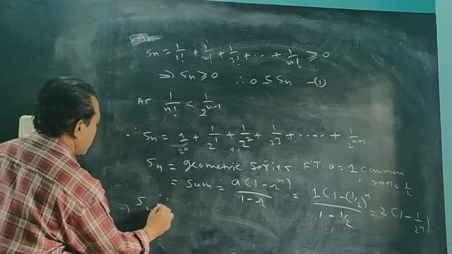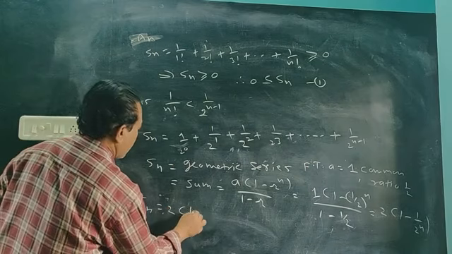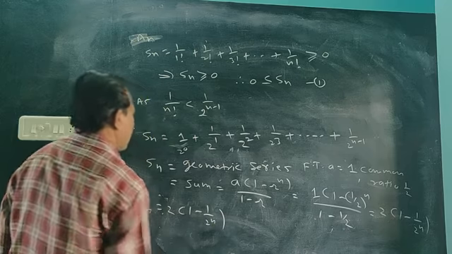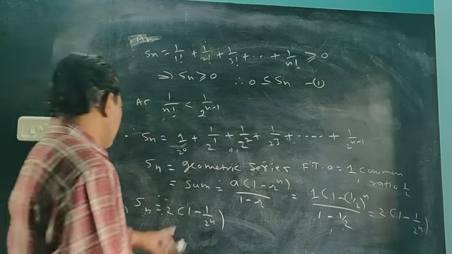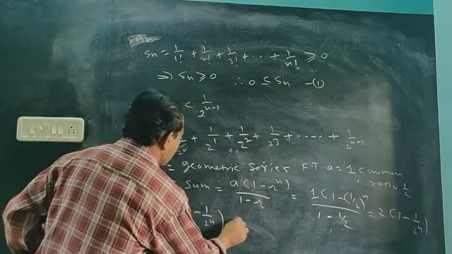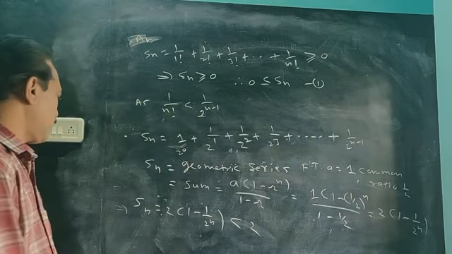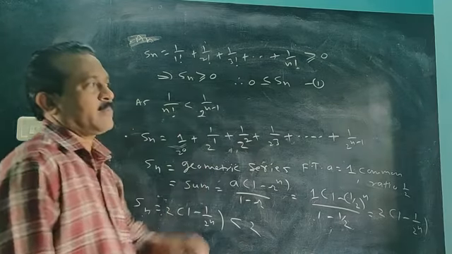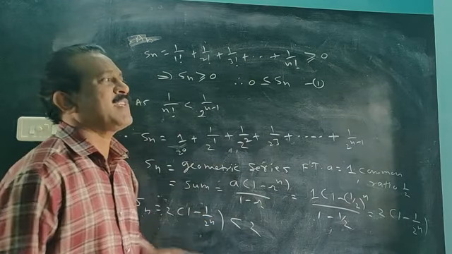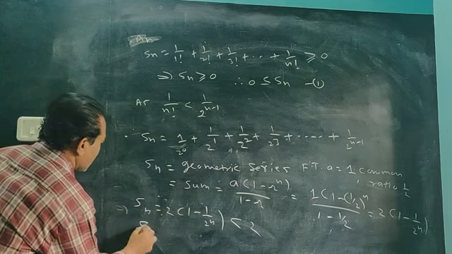So Sn will be 2 times 1 minus 1 by 2 raised to power n. With n a natural number, it is 1 minus a fraction, so this will be less than 2 anyhow. 2 minus something will always be less than 2. So Sn will always be less than 2.